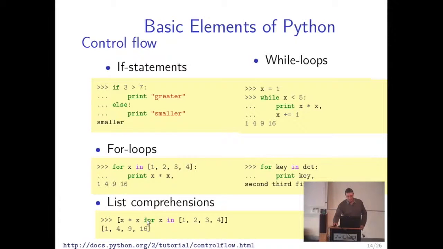Then you write an expression, and then you write a for loop, and you iterate over some elements in the list. For example, here we want to convert the list 1, 2, 3, 4 into the squares of these values. And so we say we want to have x times x, or x squared, for all x in this list. And you will end up with a list containing the elements 1, 4, 9, 16, which are actually the squared elements of the list. And these list comprehensions can be much more complicated than that.